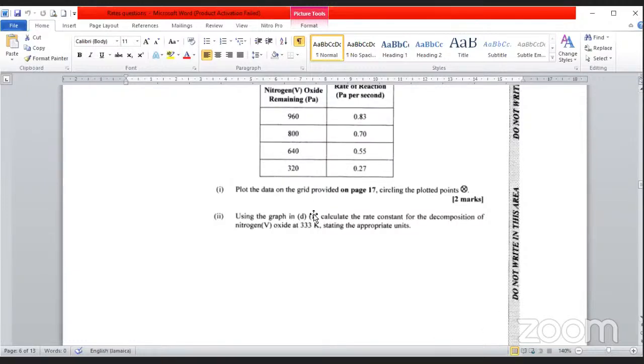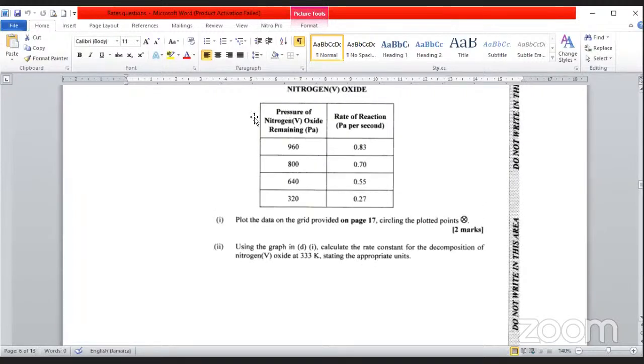So they said using the graph, calculate the rate constant for the decomposition. No, they've given you pressure of the nitrogen 5 oxide versus rate of reaction. So rate divided by your pressure, which is equivalent, because it's a gas, basically to your concentration.